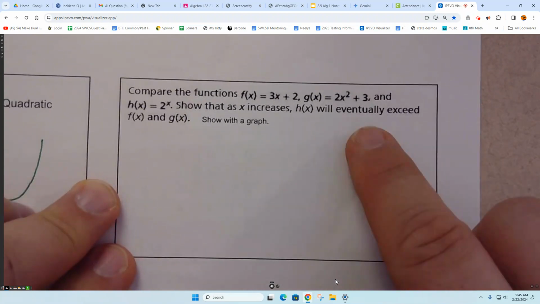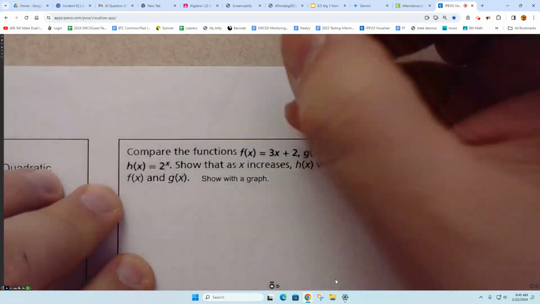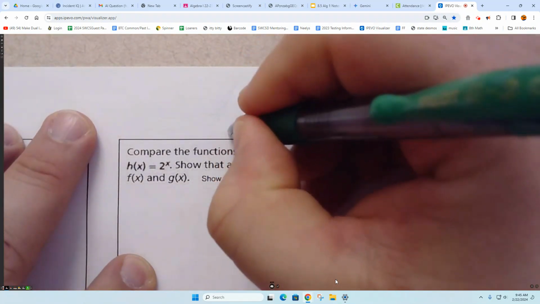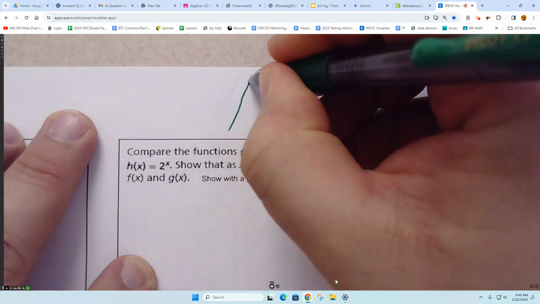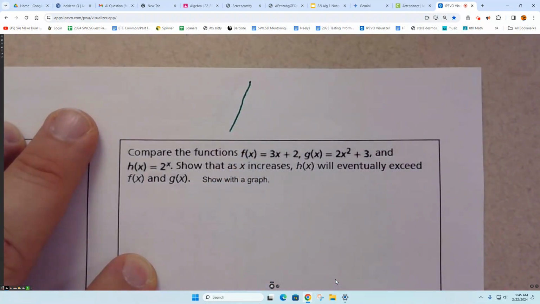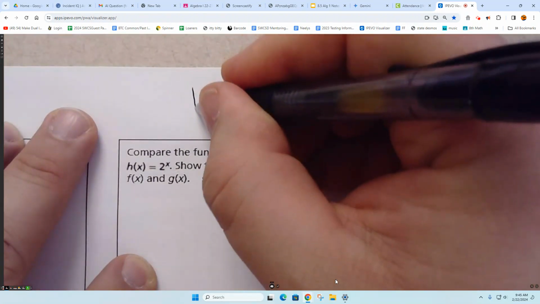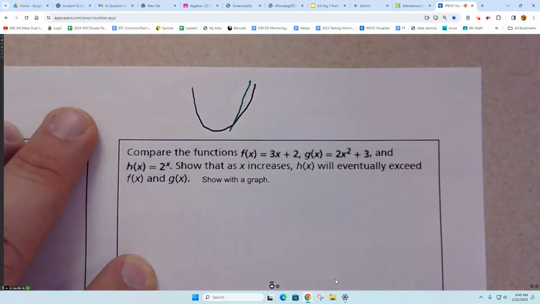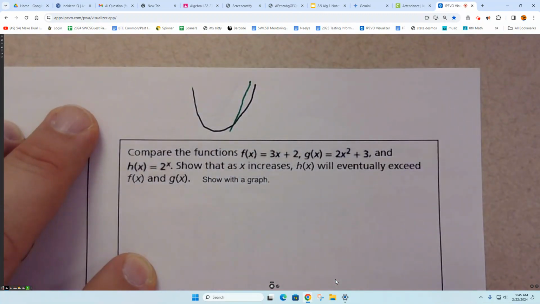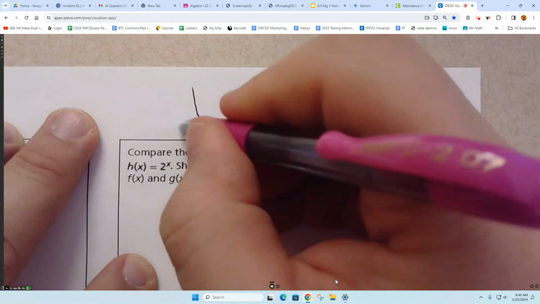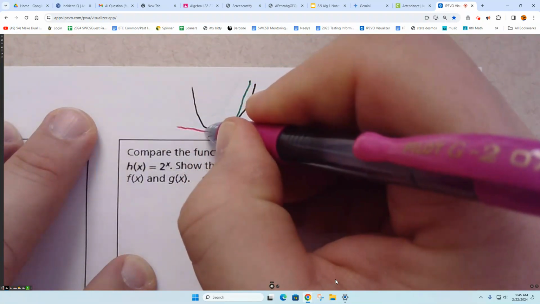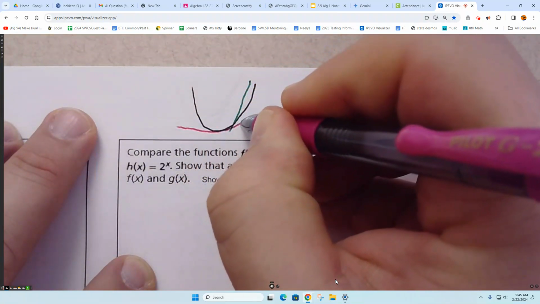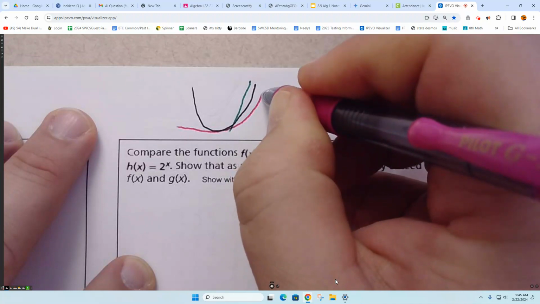Basically what this question's asking is, if I have a line that's going very, very straight up, I could have a parabola that's also very, very steep. And then I could have an exponential that's not very steep. Something like that.